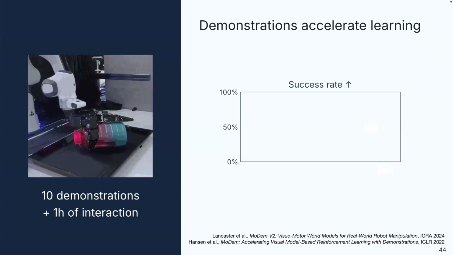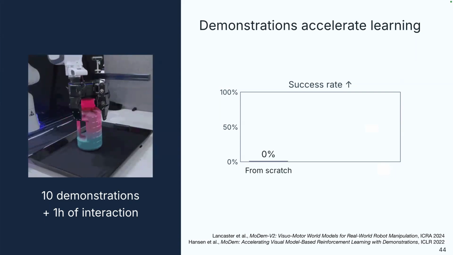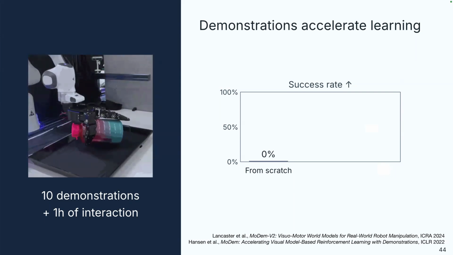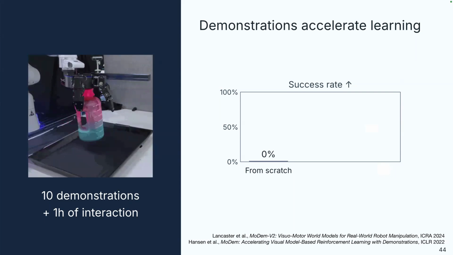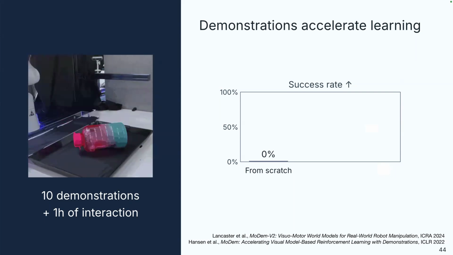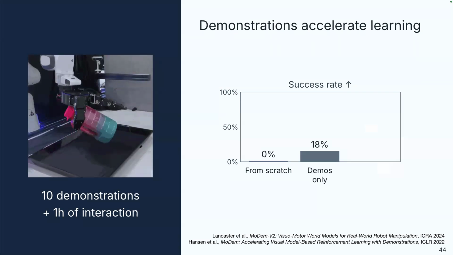The results are pretty interesting. We're plotting the success rates after training. If you run TD-MPC from scratch just on a real robot, you get essentially 0% success, because it's very unlikely that a random policy will ever be able to succeed in any of these tasks. If you initialize the world model only with the demonstrations, you get 18%.